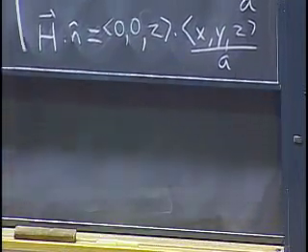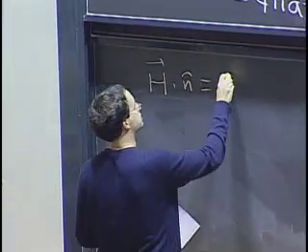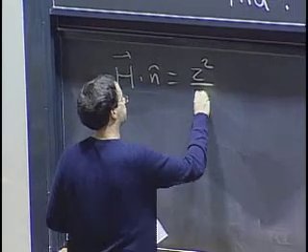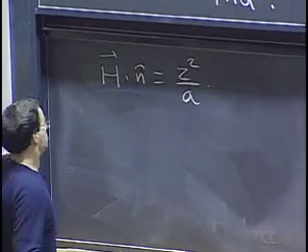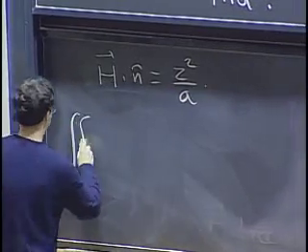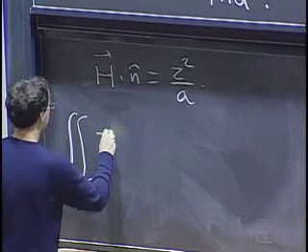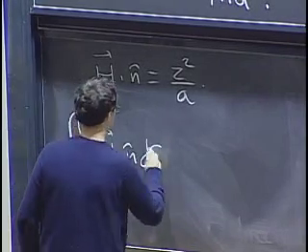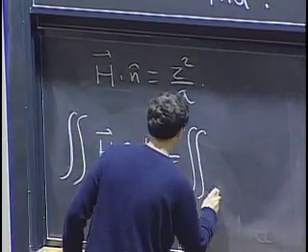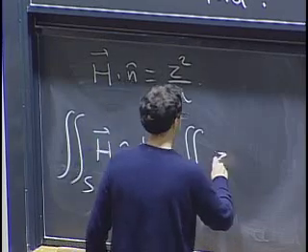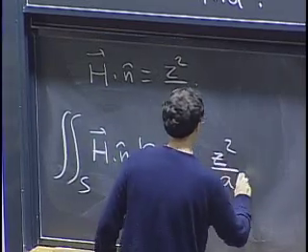Sorry. So h dot n is z squared over a. So the double integral for flux now becomes double integral on the sphere of z squared over a dS.